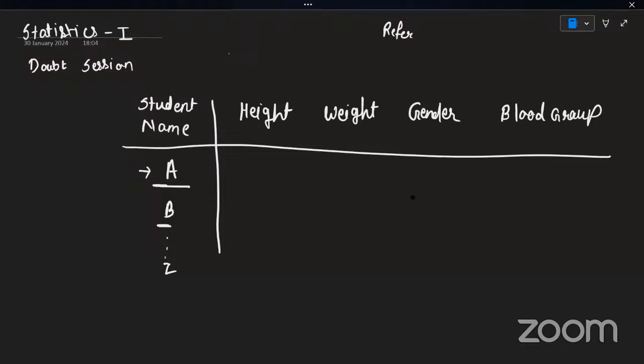Ma'am, is it possible to have more than one case in a data set? No. If you change the question, it may change. Whenever the data is there, data alone doesn't make any sense.